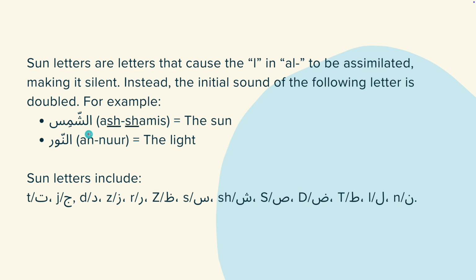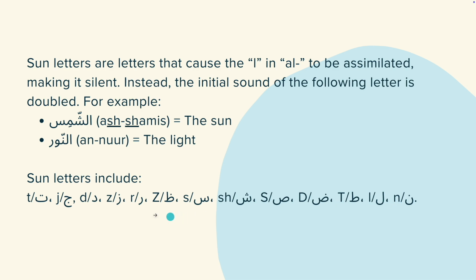Sun letters take over the sound of the L. Okay, don't forget that. So if you want to know all the sun letters, here they are: ta, ja, da, za, ra, za, sa, sha, sa, da, ta, la, na.